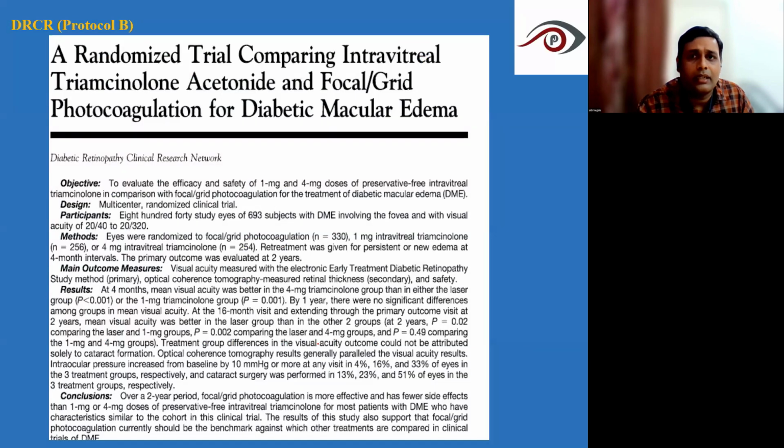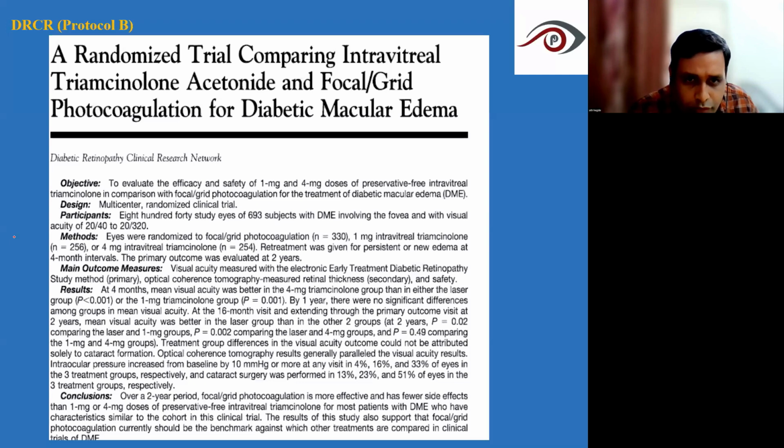Another study is the DRCR protocol where they showed intravitreal triamcinolone acetonide and focal coagulation for the diabetic macular edema. Where they have injected the patient with IVTA and they have done the laser photocoagulation, like focal or grid.